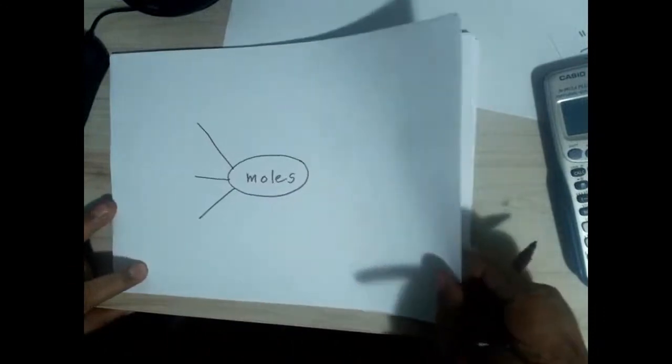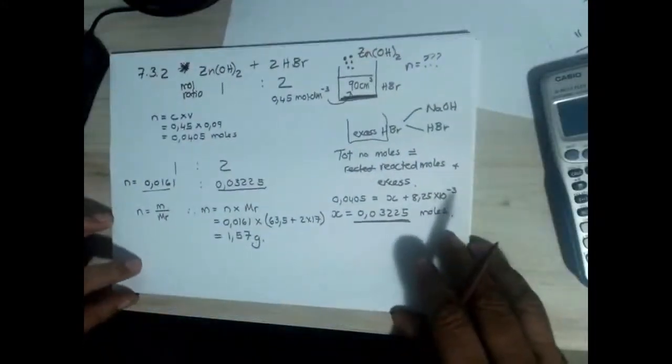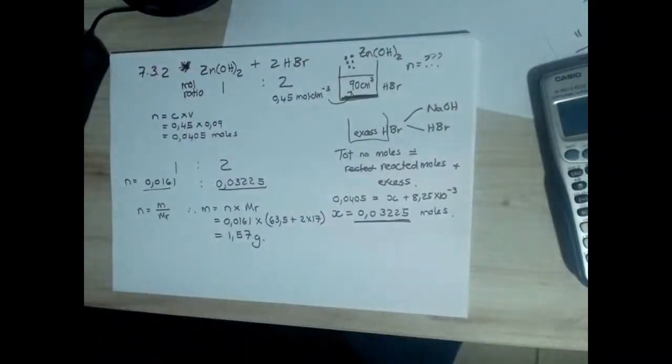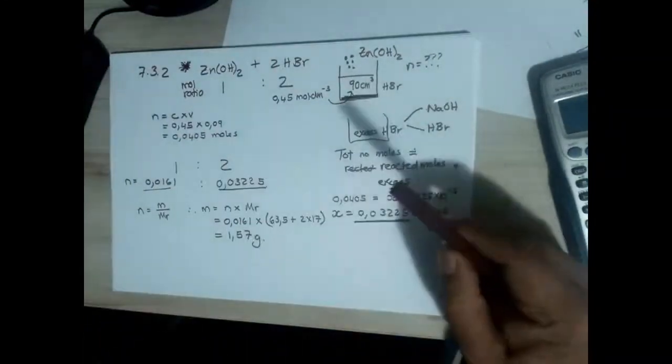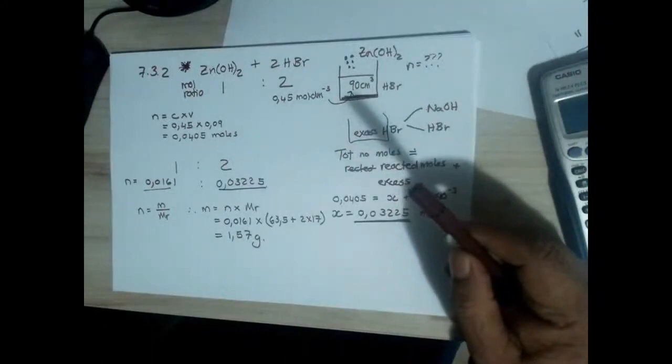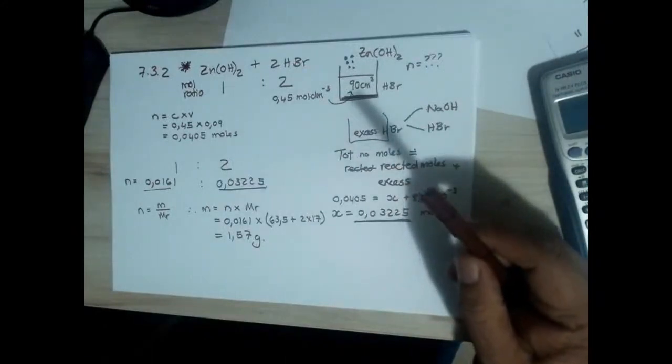Okay, so let me just explain 7.3.2 again. At 7.3.2, we wanted to calculate the mass of the zinc hydroxide.